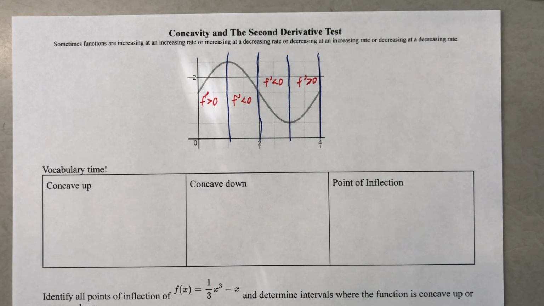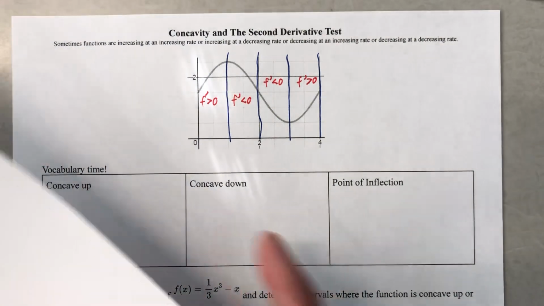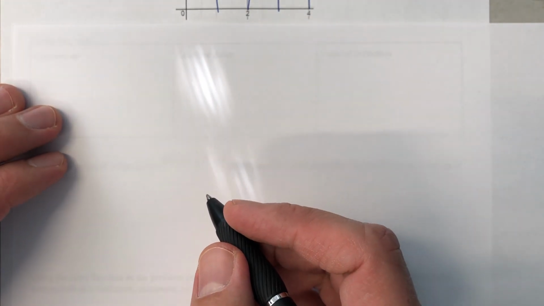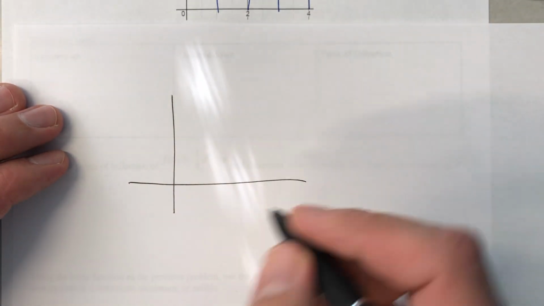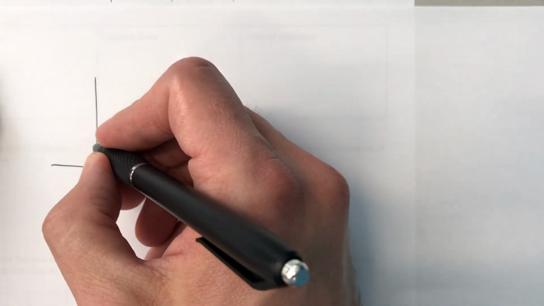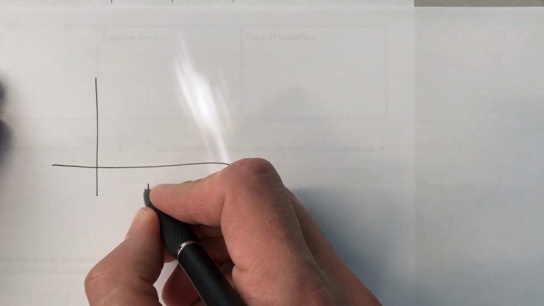Let us also talk about whether the function is increasing at an increasing rate or increasing at a decreasing rate. Like what? Okay, and let's actually talk politics for just a second without using any specific names. Two politicians are having a debate, and the graph represents the growth of the economy over time.